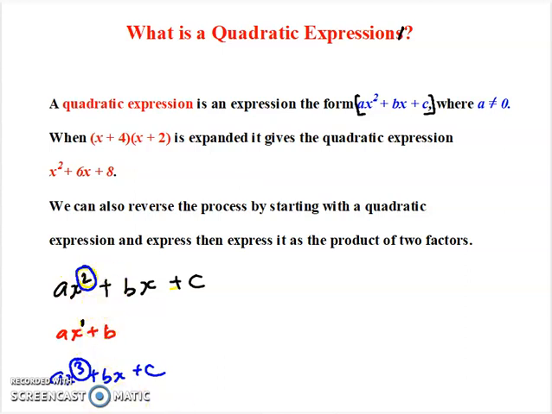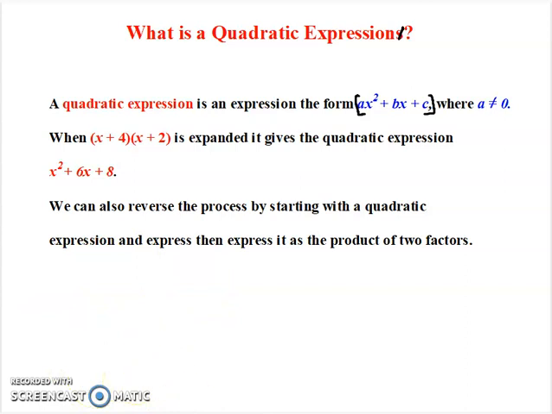Alright, let me get rid of this. Okay, so when open bracket x plus 4 times close bracket x plus 2 is expanded, it gives the quadratic expression x squared plus 6x plus 8.